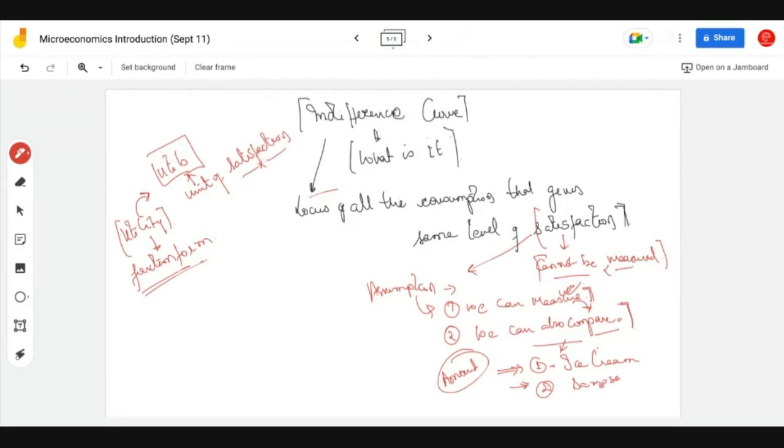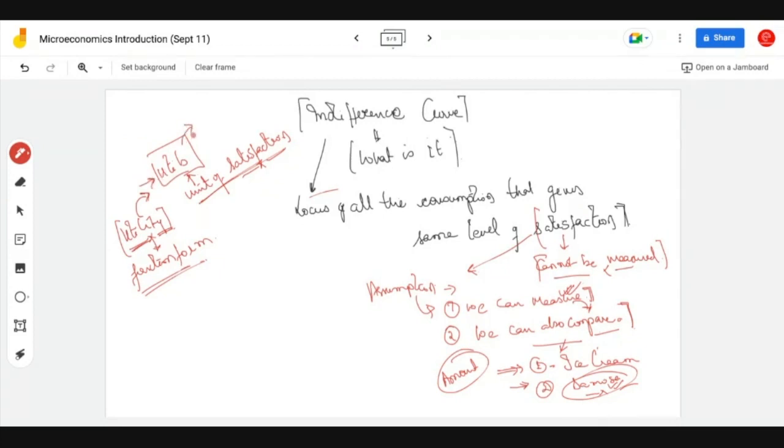Let's say we consume samosa. How much happiness do we get? Happiness can be converted into satisfaction, and satisfaction is nothing but your utility. Utils are the unit of satisfaction.